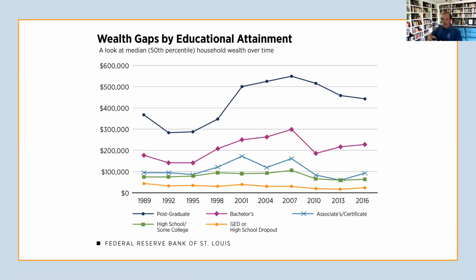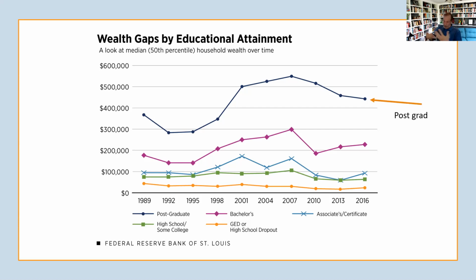So similar to how we look at income inequality by education levels, wealth breaks down exactly the same way, except the effects accumulate over time, right? So if you make more money, you can save more money and your wealth tends to get bigger. This top line here is the median wealth across education levels. The top line is people with a postgraduate degree.